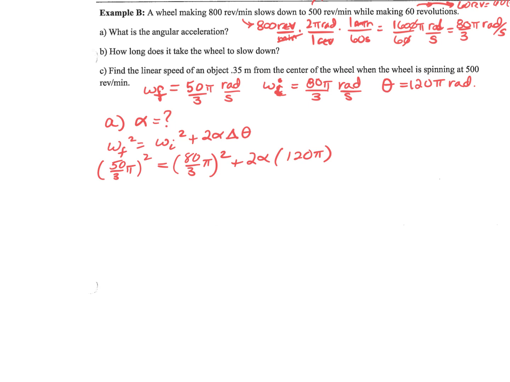Now, should the result be positive or negative? Why negative, Garrison? Because it slows down. So you need to end up with a negative answer, don't you? So get that trusty calculator out and do some calculating. Don't forget to square.